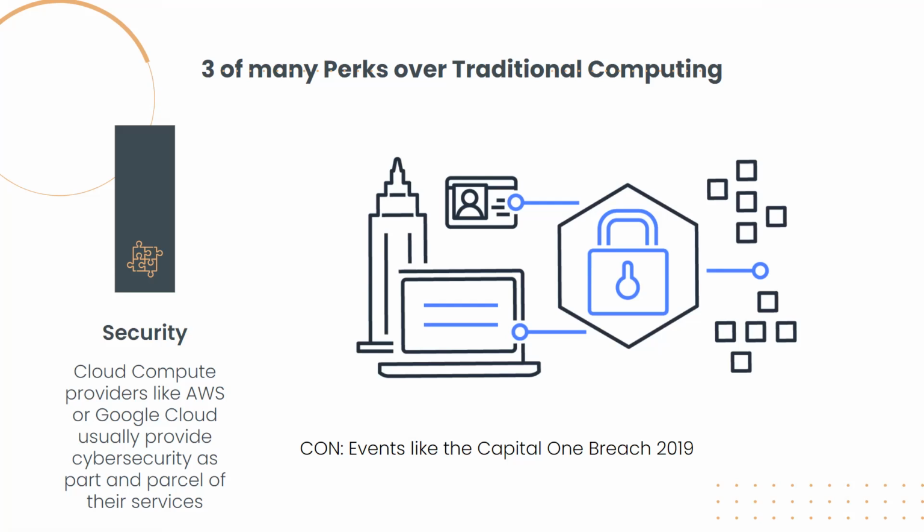So, for example, if I use an EC2 instance at AWS or I use Lambda, I immediately have AWS's own in-house cybersecurity system that is automatically protecting all of your data as it enters and as it exits and as it resides inside of your servers. So that is something that is a huge perk.